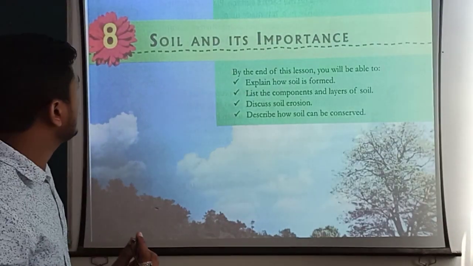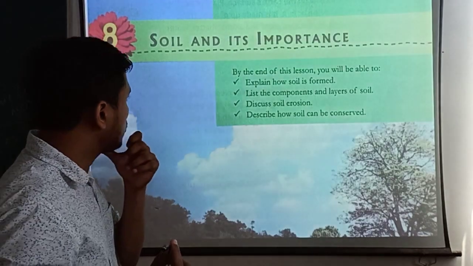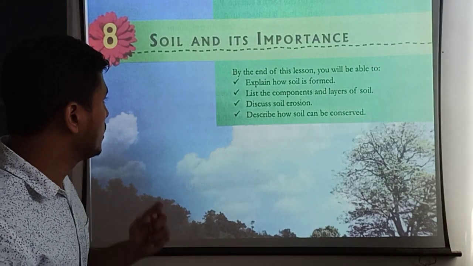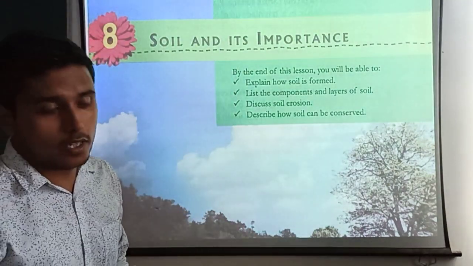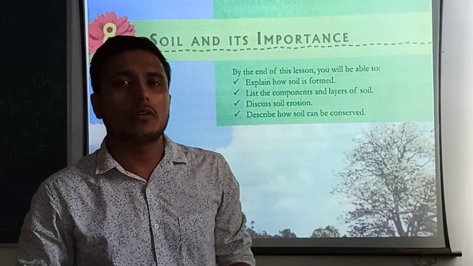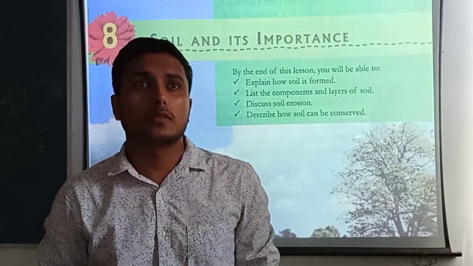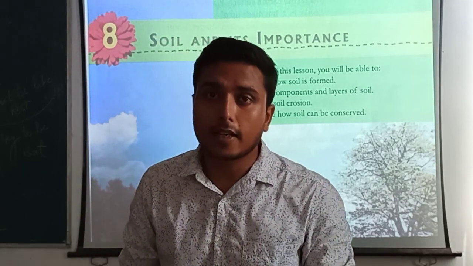Then there will be a discussion on soil erosion and the other factors affecting it. And in the last, we will describe how soil can be conserved, and what things we can do to reduce soil erosion. So students, let's start the lesson.